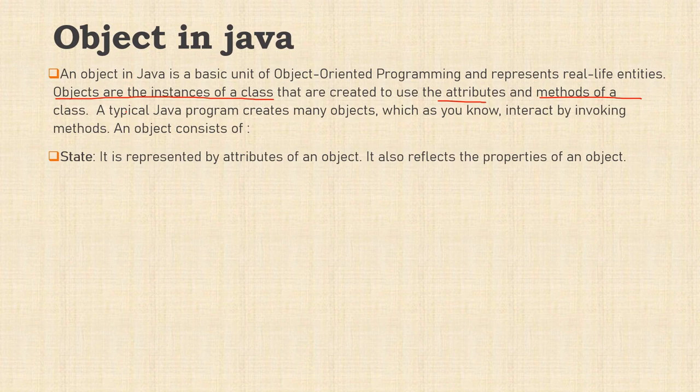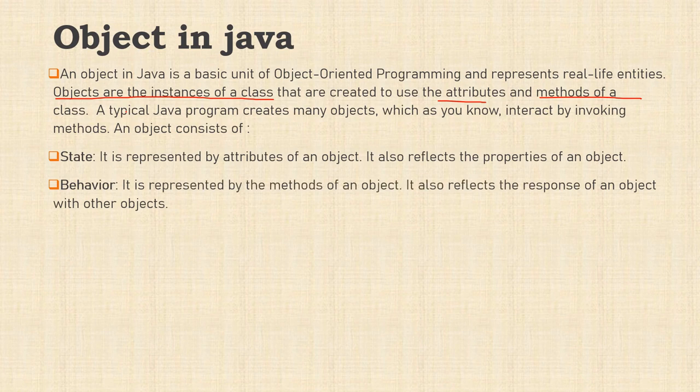An object consists of state, behavior, and identity. State is represented by the attributes of an object. It also reflects the properties of an object. Behavior is represented by the methods of an object.